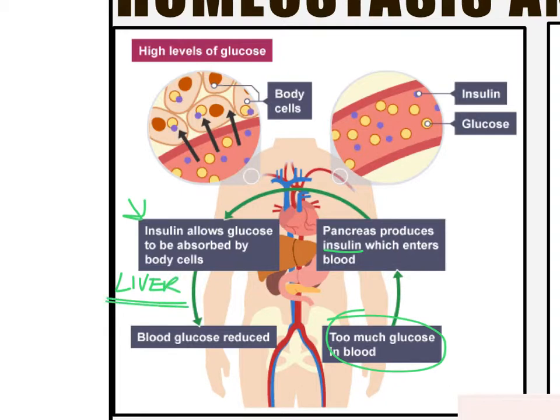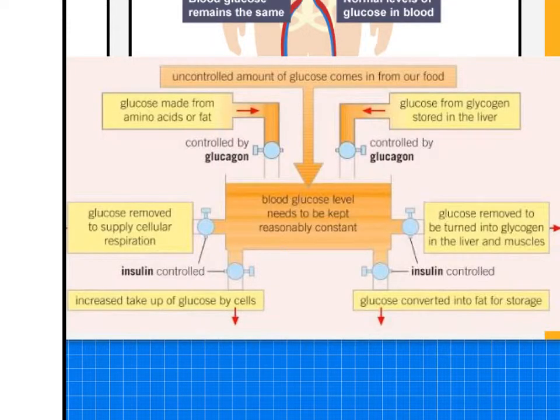And that will then reduce blood glucose levels. Okay, so that's what you need to know for foundation tier related to blood glucose. But if you're doing higher tier, you need to learn what happens when there is too little sugar in your bloodstream.